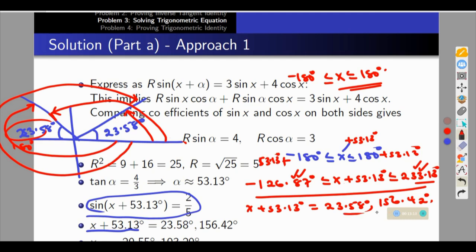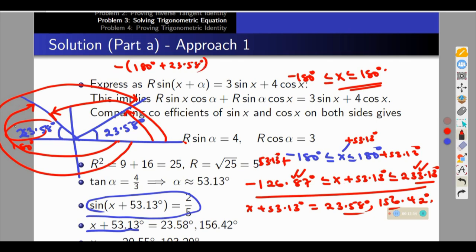The negative angle from here up to here will be the same as negative of 180 degrees plus 23.58 degrees.